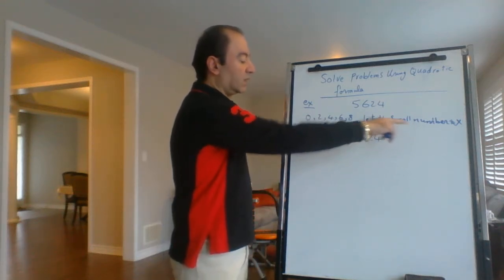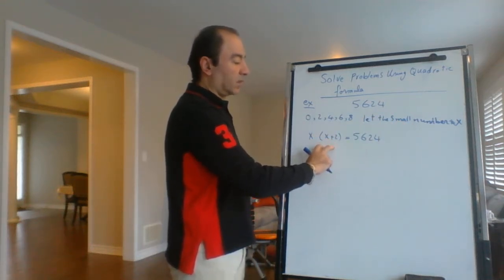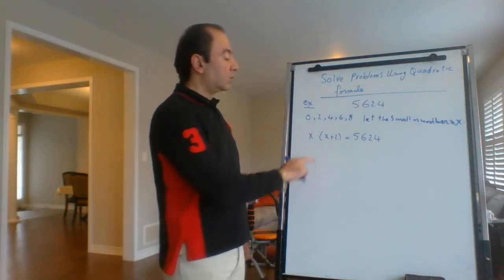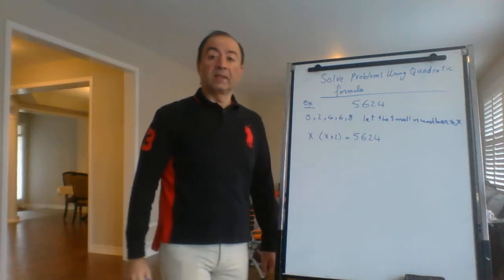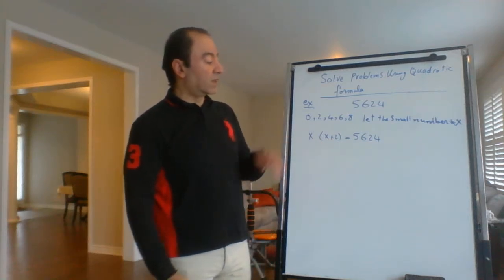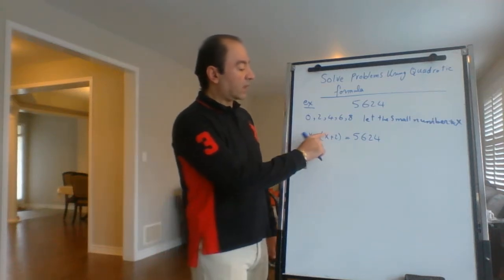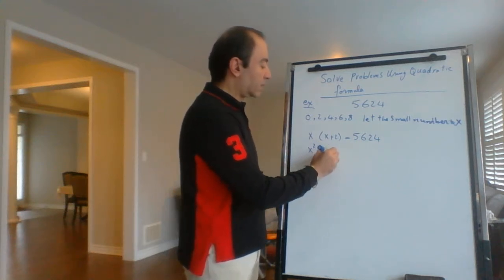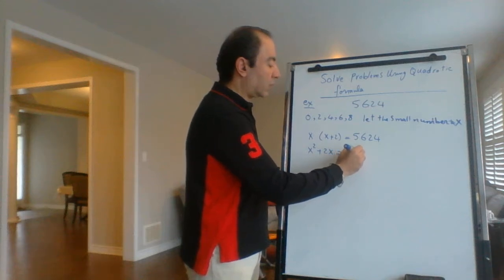So what I need to do now is solve this quadratic equation. First, I will get rid of the brackets: x squared plus 2x equals 5624.